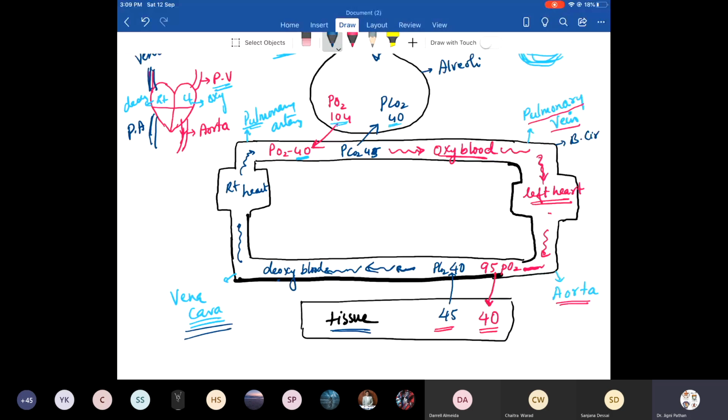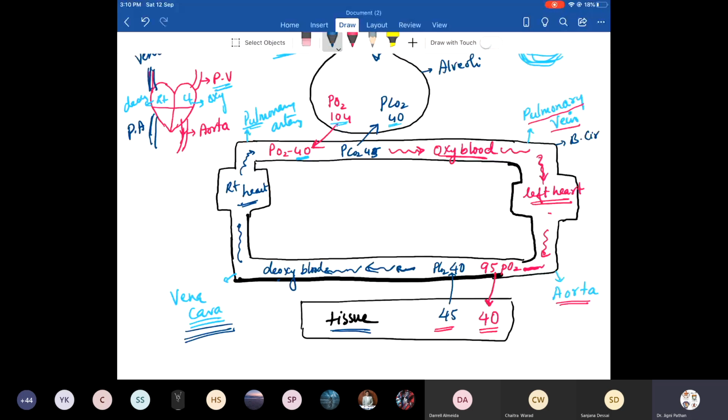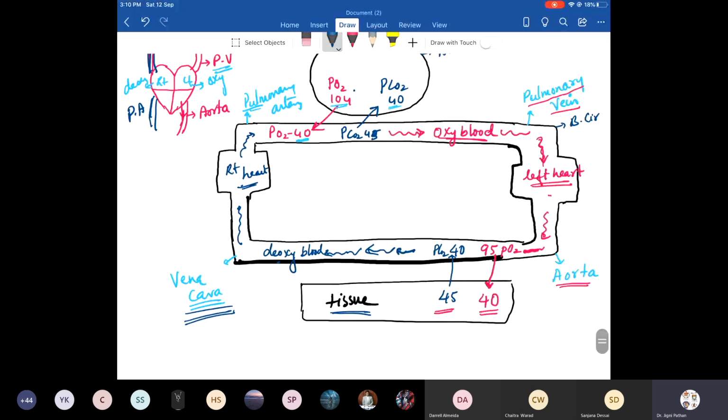This is carried by the vena cavas and again opens into the right heart. This keeps on continuing and happens due to a difference in the partial pressure of oxygen and carbon dioxide at different sites. High oxygen content is found in the alveoli, and low oxygen content is found in the tissue, where it is being used up in the deoxygenated blood.